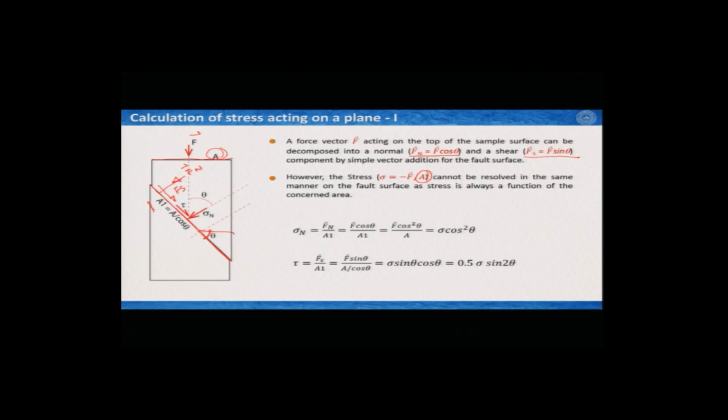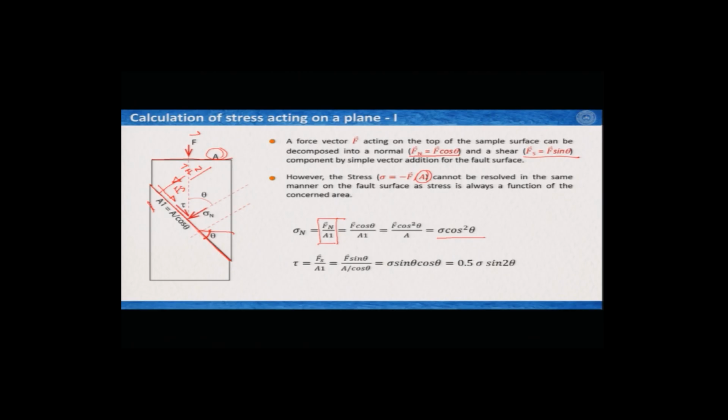So, therefore, to calculate now the normal stress, clearly we have the Fn and we have the A1. So, that would be your normal stress working on the surface, and if you resolve it through some algebraic manipulations, you would get it is actually sigma cos square theta, where sigma is the peak stress that we got, which was 32 megapascal.